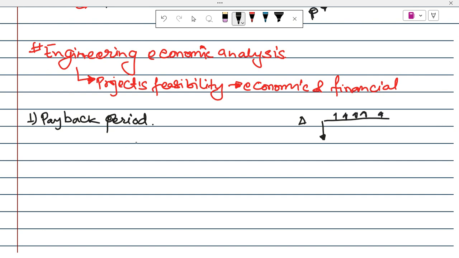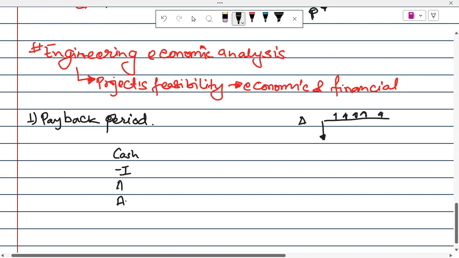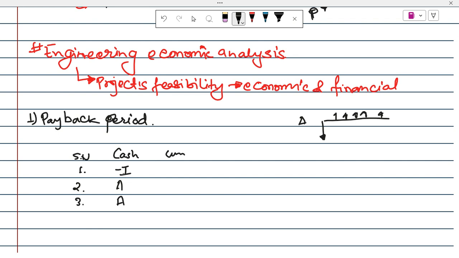Okay, so in the payback period method we have our cash flows. We indicate the cash outflow with a negative sign and the inflows with a positive sign. We make a table from 1 to however many cash flow periods there are in a project, and we evaluate the cumulative cash flow.